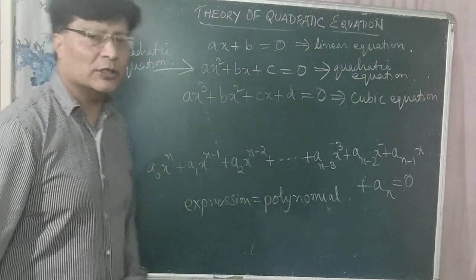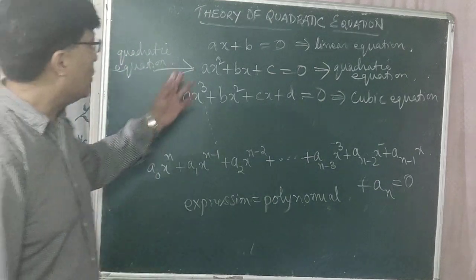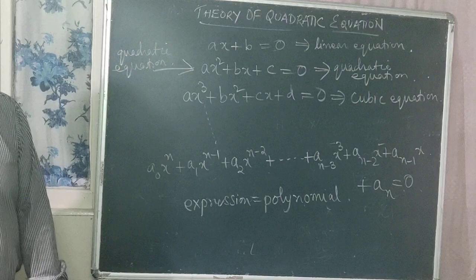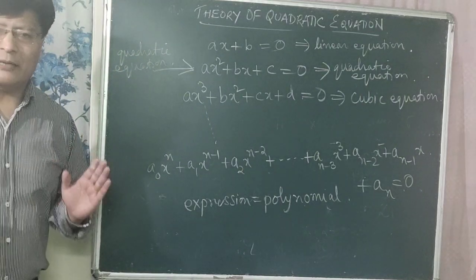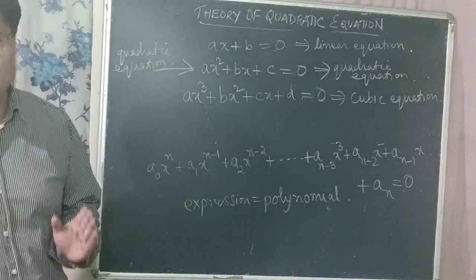Now let us do the theory of quadratic equation. That means how will you solve ax square plus bx plus c is equal to 0? Solving means you have to find the value of the variable x.